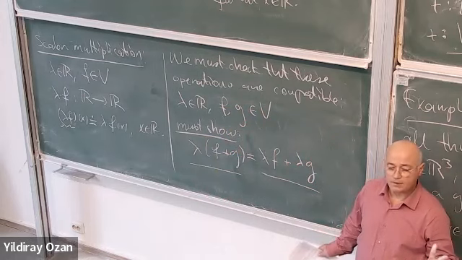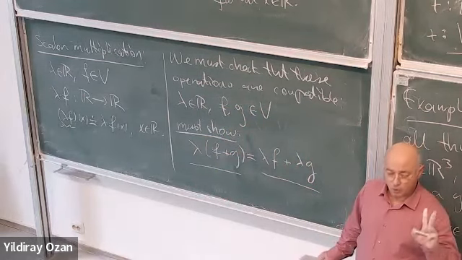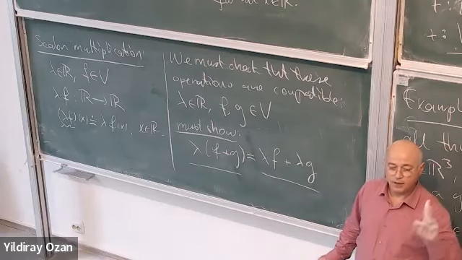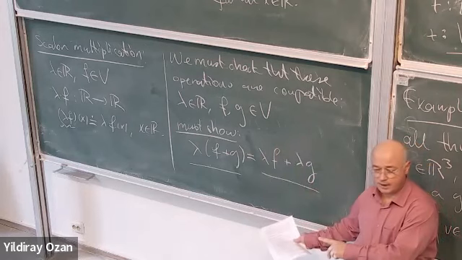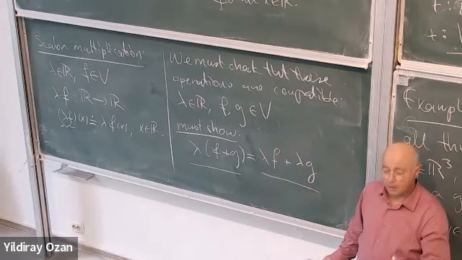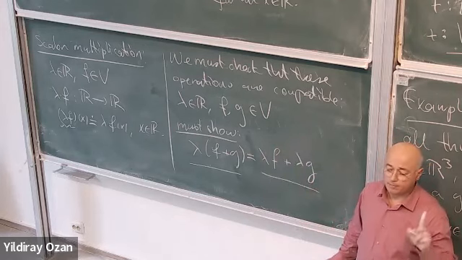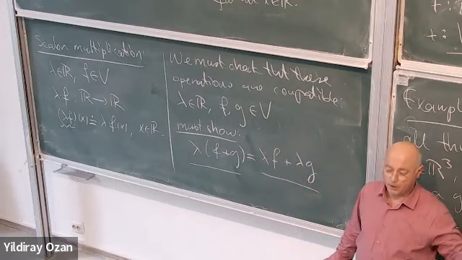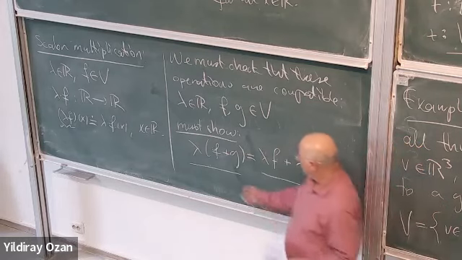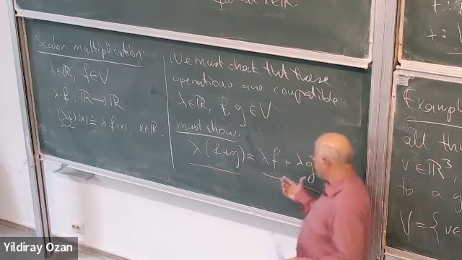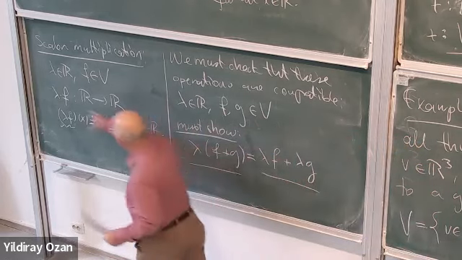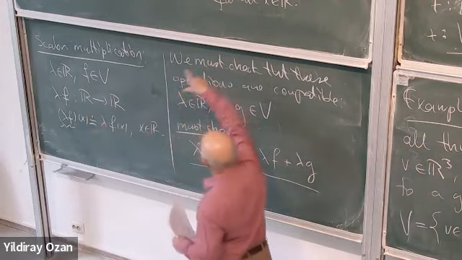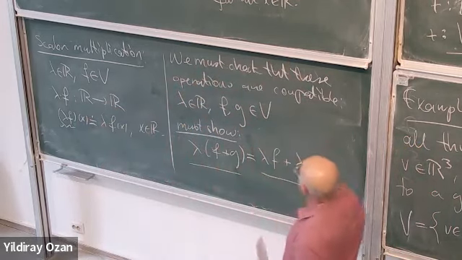Two functions are the same if three conditions are satisfied. They should be defined on the same set, they should take values in the same set, and they should take the same value at each point. Of course, both of them are functions from R to R, this is how we define them, and addition is also like that.